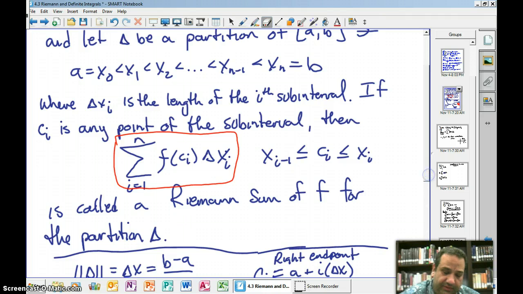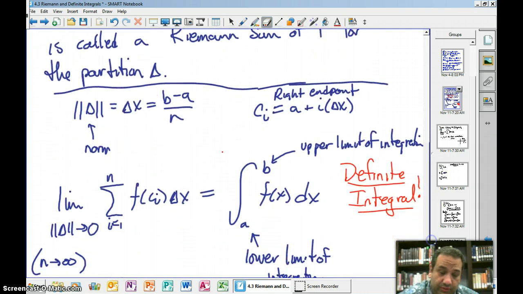Now, if we take all these rectangles and send their width to 0, we get really, really close to, this means the norm of the partition.